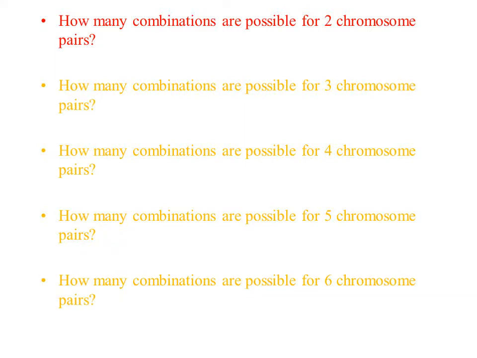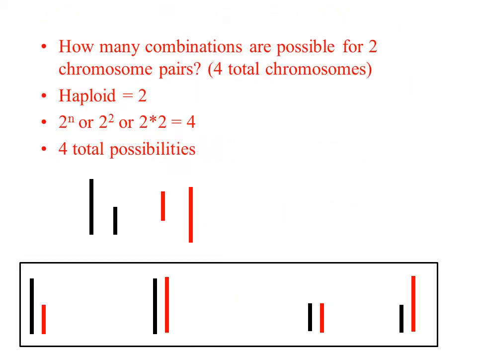How many combinations are possible for 2 chromosome pairs? This is how you would perform this question.